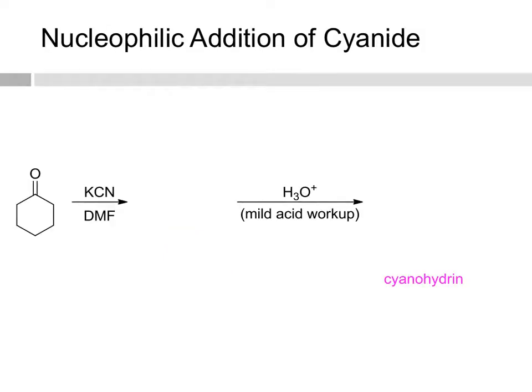We can treat an aldehyde or a ketone with cyanide, for example potassium cyanide, and have nucleophilic attack of the carbon onto the carbonyl of the ketone or aldehyde. In this case, we're going to form our tetrahedral intermediate.